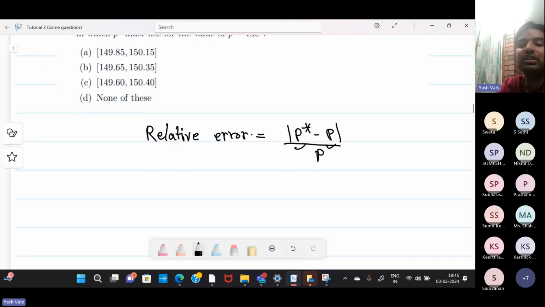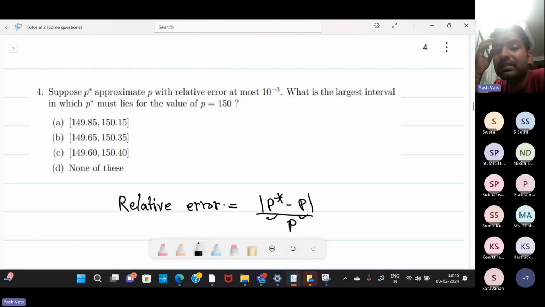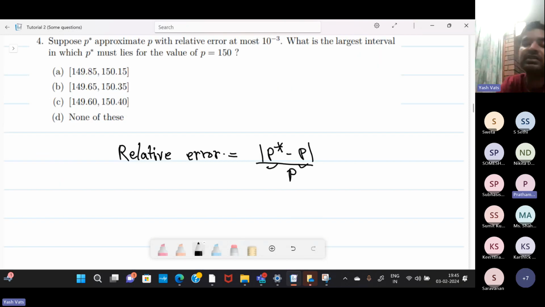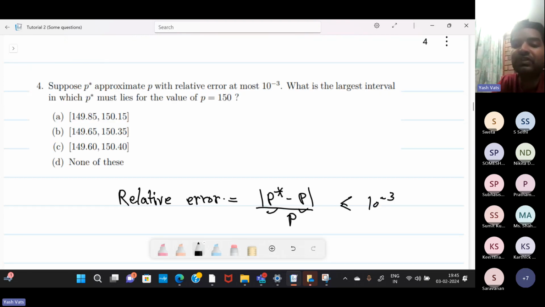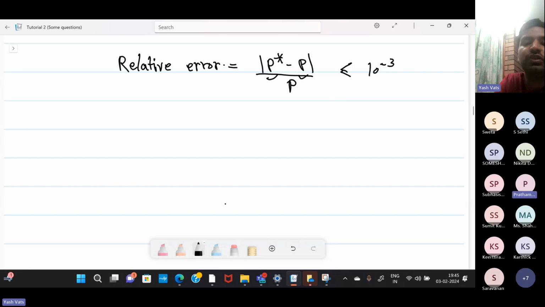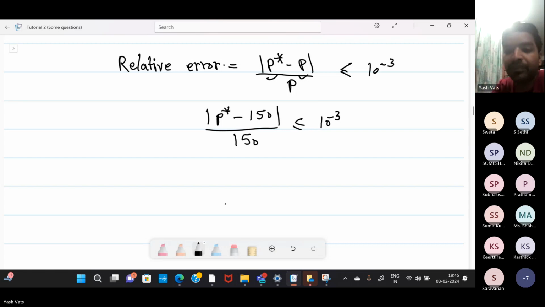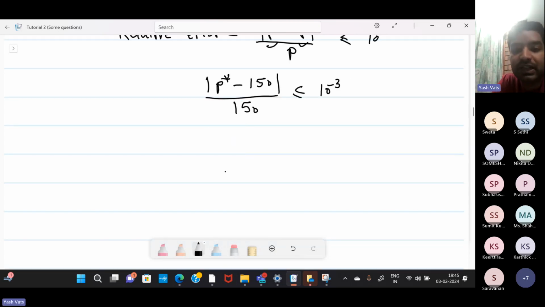Okay, so what the question is saying is that P star approximates P with relative error at most 10 to the power minus 3. So at most means it is less than or equal to 10 to the power minus 3. And they have given the value of P to be 150 here. So what should be the right thing? The absolute value of P star minus 150 divided by 150 is less than or equal to 10 to the power minus 3. Just multiply both sides by 150.